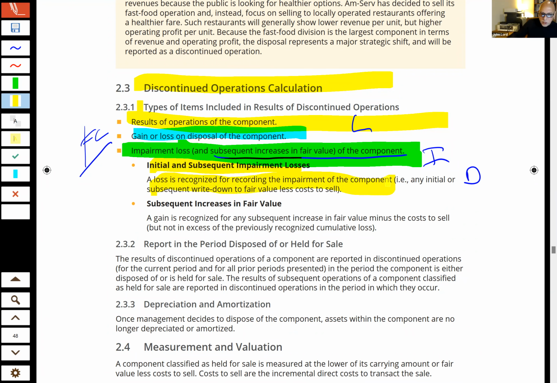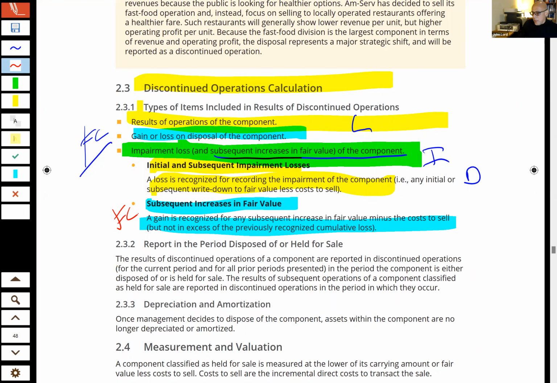We look at the fair value of the entity versus its book value, and in most cases for CPA exam questions, and in reality, if we're getting rid of a segment, its fair value is probably below its book value, so we would have an impairment loss. Now, if for some reason there's a subsequent increase in fair value, then we will be able to write it back up, but not in excess of previously recognized losses.